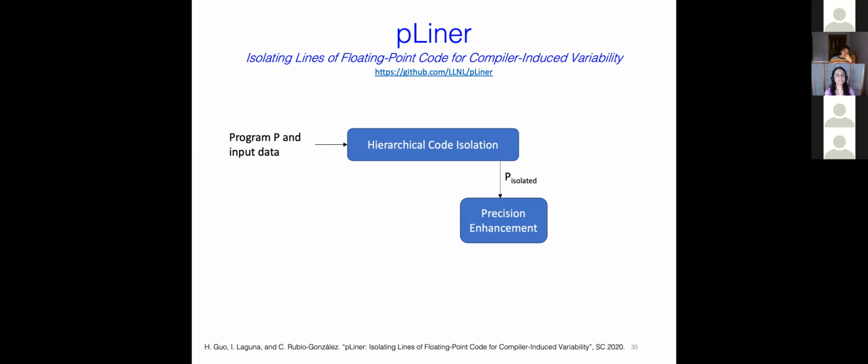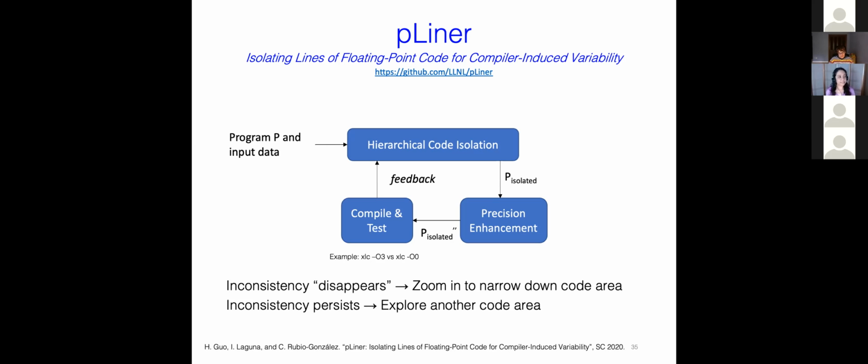Once we have this program that uses higher precision in those code areas, we test it and compare it against a specific compiler or a code that is not optimized, to see whether the inconsistency disappears. If the inconsistency disappears, that's good news, so the algorithm tries to zoom in on that code area to minimize it.